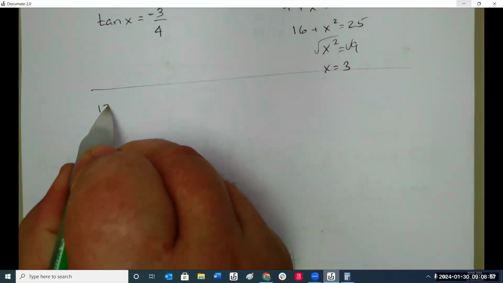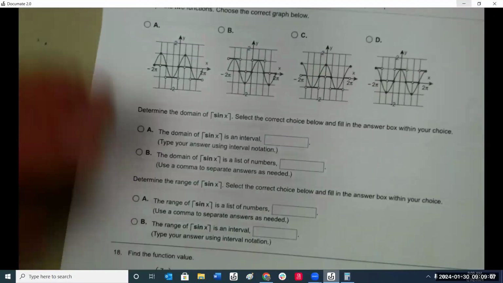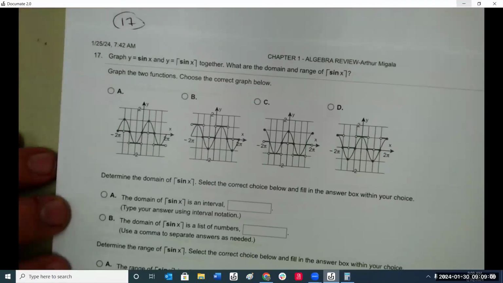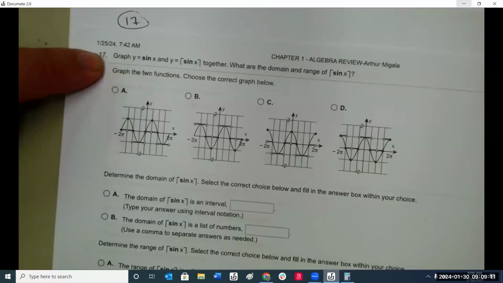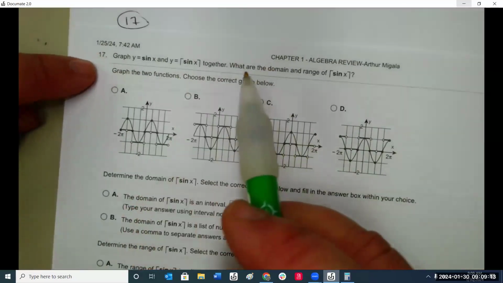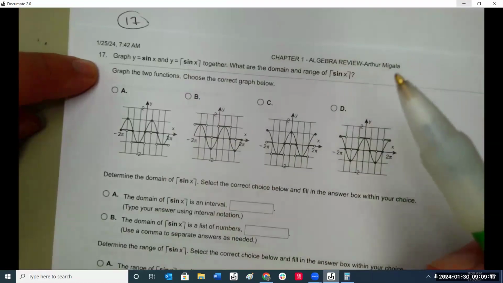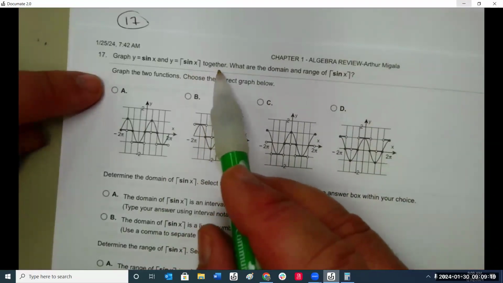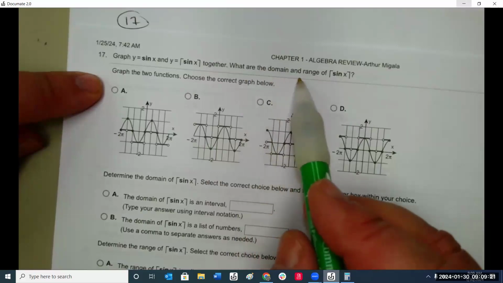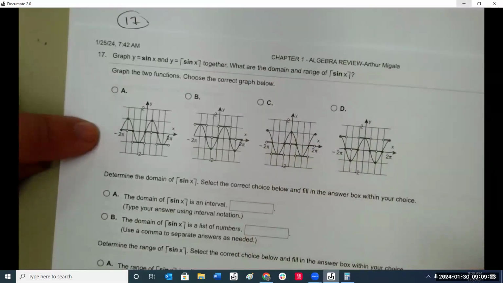Number 17. For number 17, it's asking the graph of sine x and the magnitude of sine x together. What are the domains and ranges of sine x?